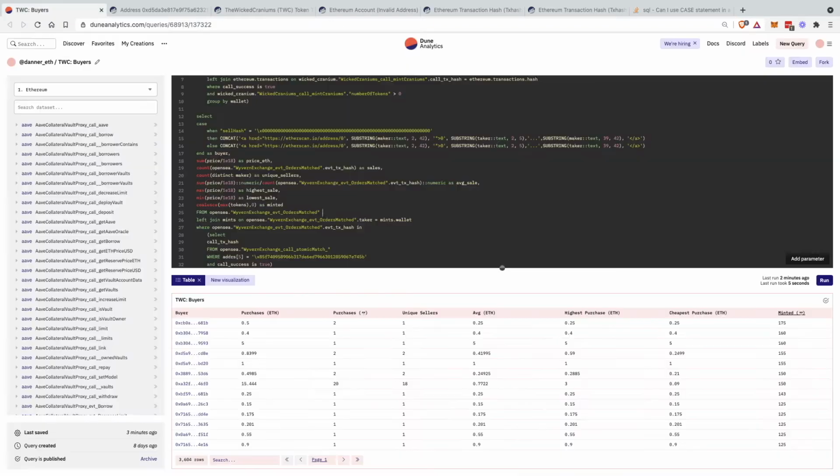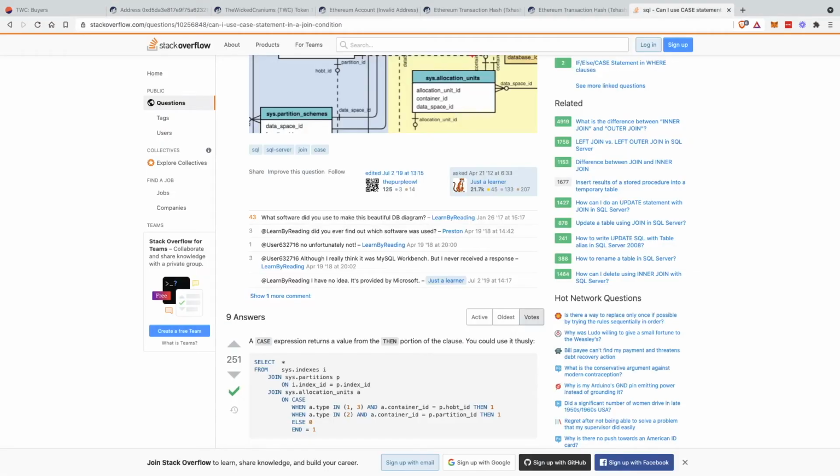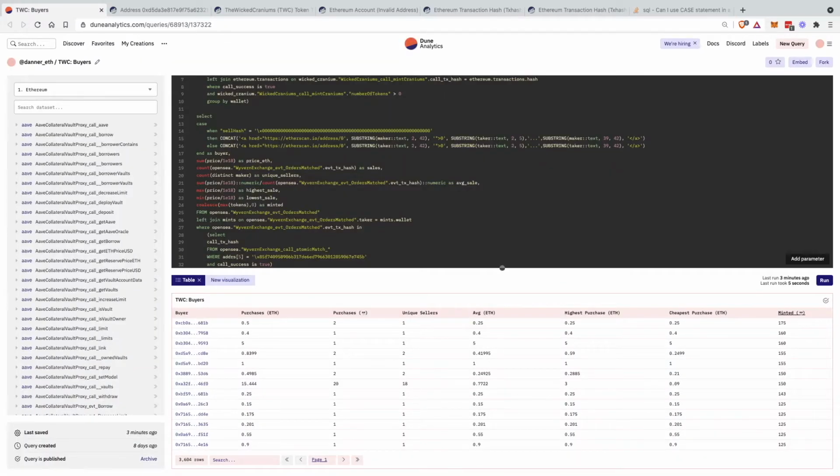Okay, let's try it. That doesn't really make any sense to me, but always learning something new when I play with Dune. So we'll use the case in the on statement. Looks like we had to do like an end equals 1 or something.